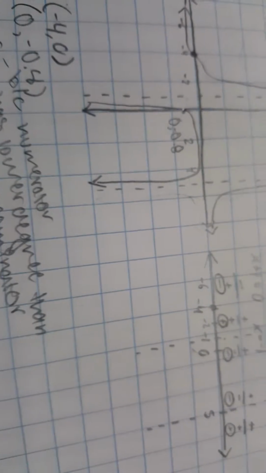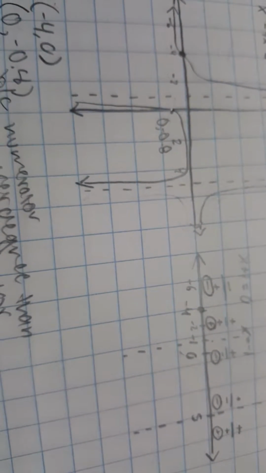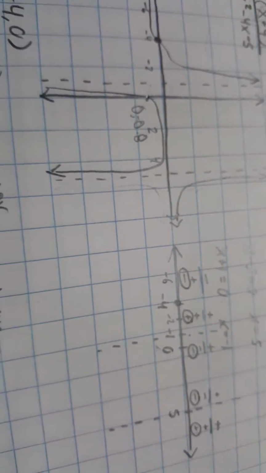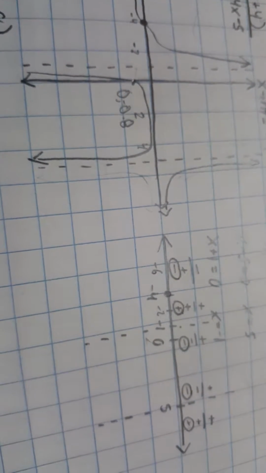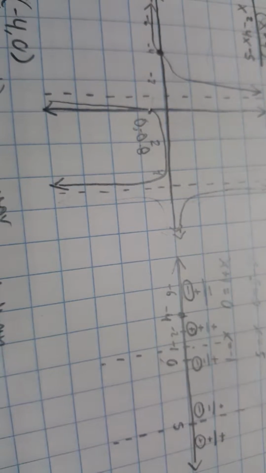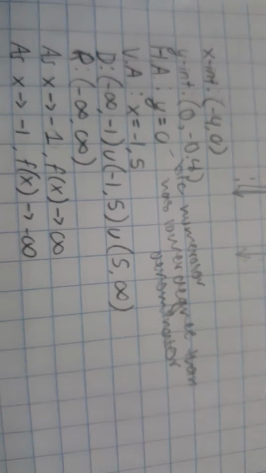This graph right here is what that domain is, and the last graph is 5 to positive infinity. It starts at 5 because that's another vertical asymptote that splits the graph, and it just goes on forever because there is no other vertical asymptote.